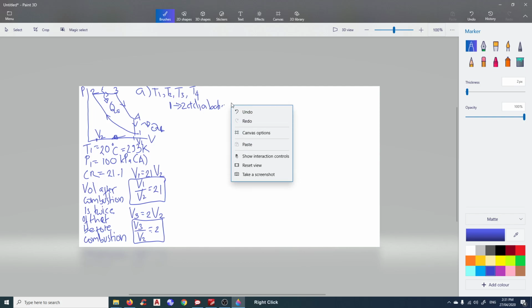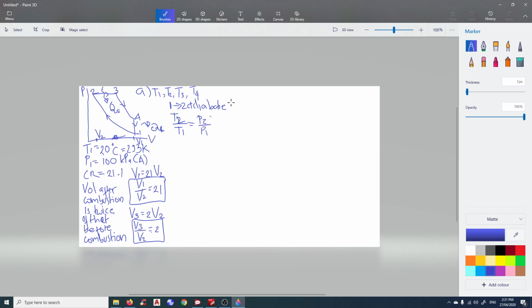If you look on your formula sheet on adiabatic, there is an expression like that: T2 over T1 equal to P2 over P1 to the power gamma minus 1 over gamma, equal to V1 over V2 to the power gamma minus 1.